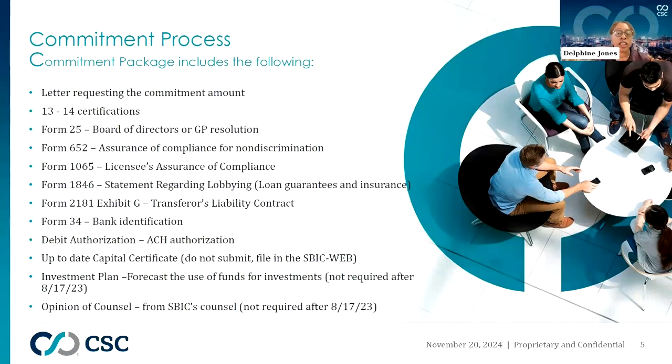And that they will finalize that amount when you do your final close 12 months down the road. But that is the start of this process, is having the SBA tell you what the intended total commitment amount is. And as David mentioned, then you actually have to submit your commitment package.